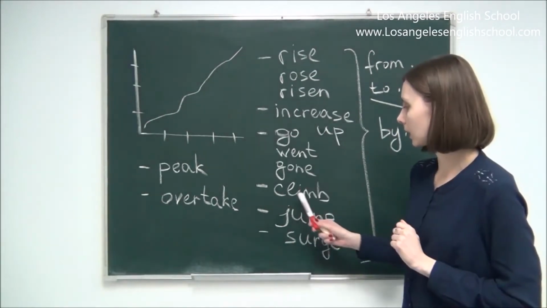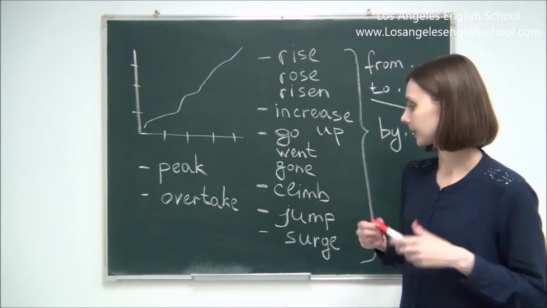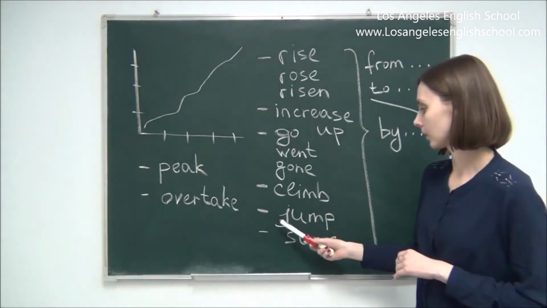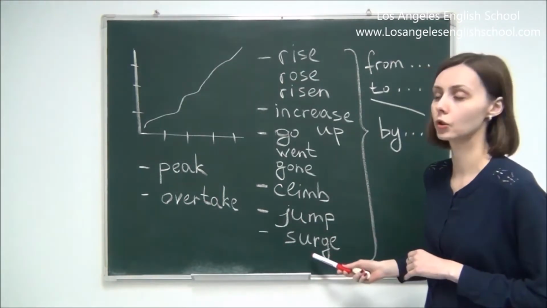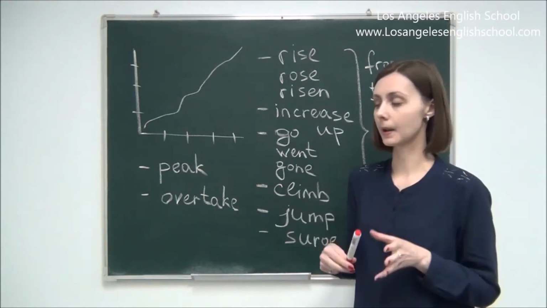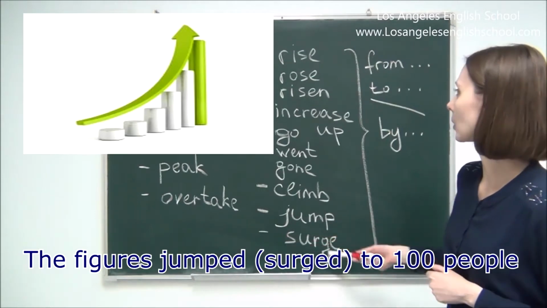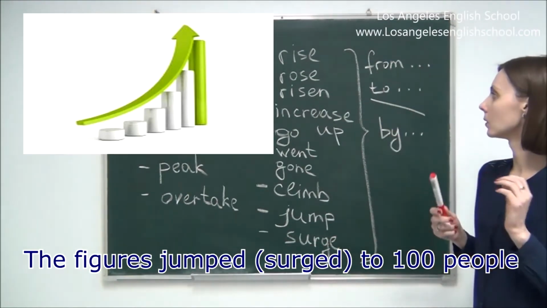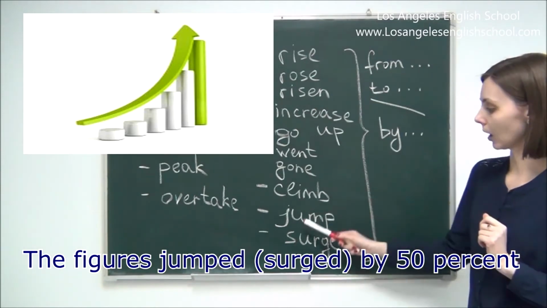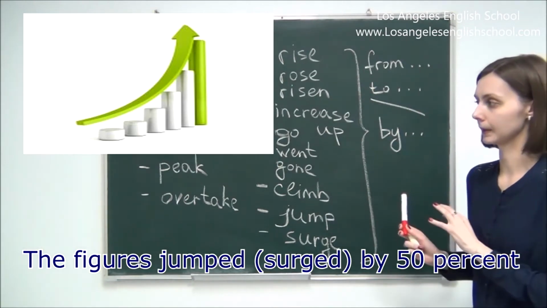You can use the word climb when the rise is essential and quick or sudden. The same as jump or surge when this rise is sudden and quick. For example, figures jumped or surged to 100 people, or jumped or surged by 50%.